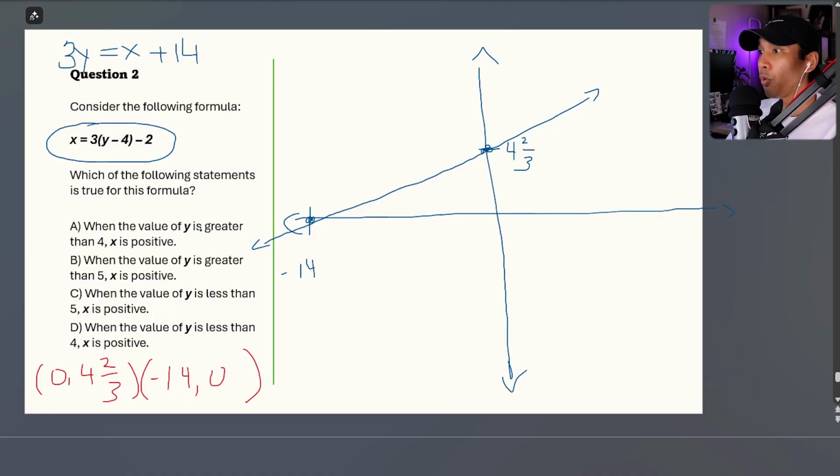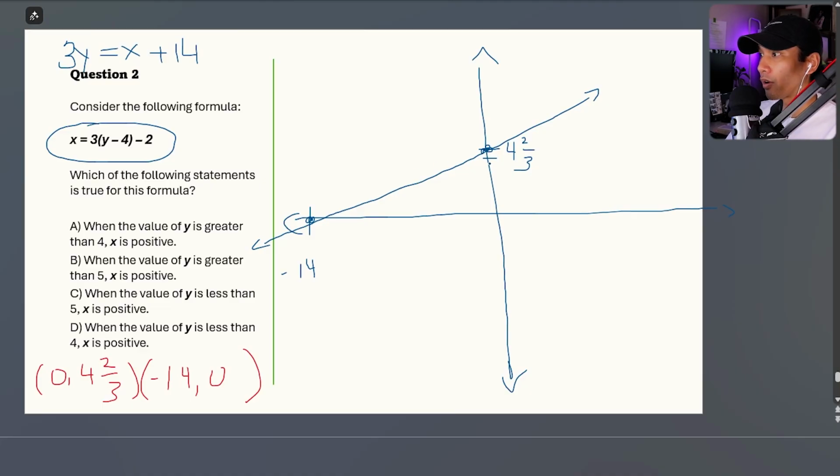When the value of y is greater than 4, x is positive. I'm going to choose 4 and put it really close to the 4 2/3, because it's right below the 4 2/3. So this one's tricky, right?